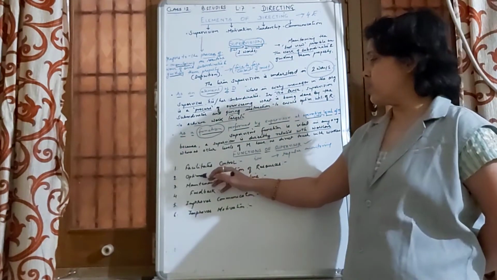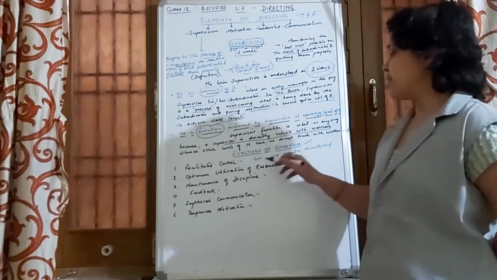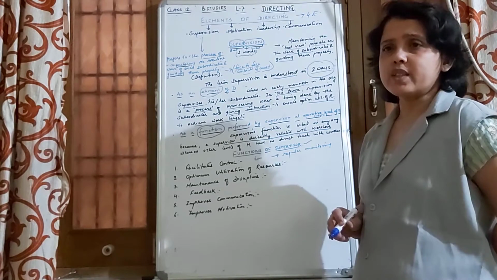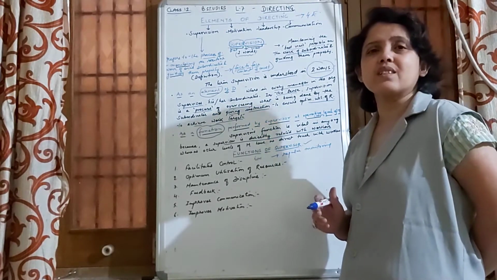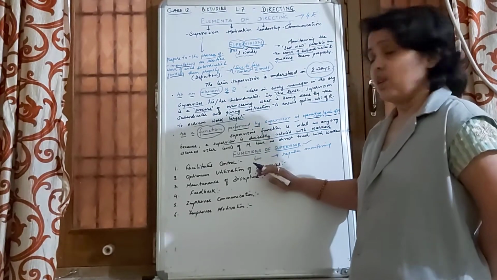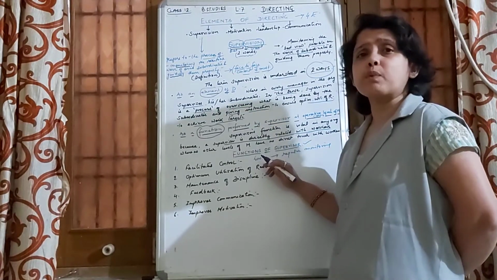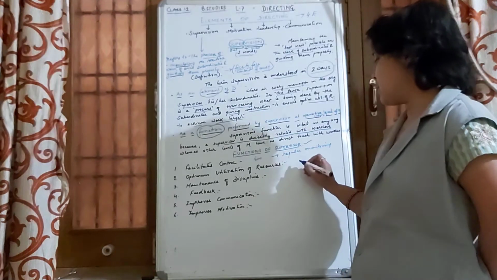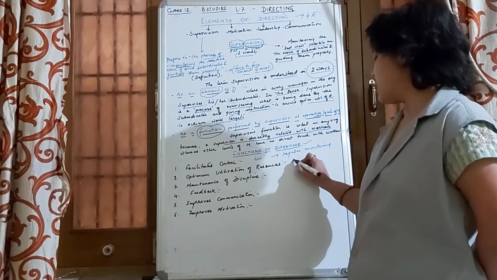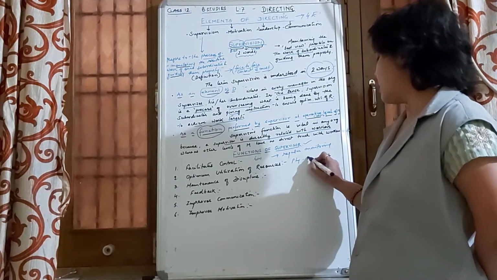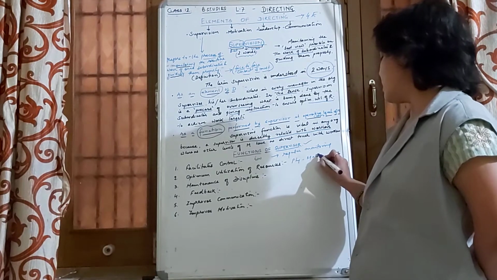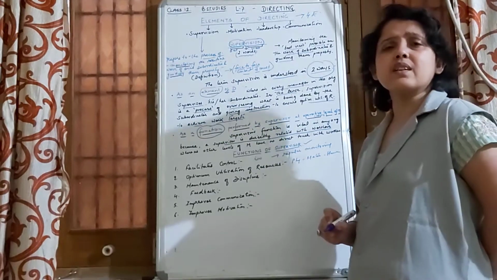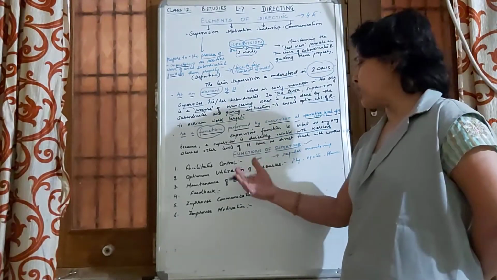The second function, optimum utilization of resources. Now we see that resources are always scarce in the organization. For the resources to be optimally utilized, the supervisor always sees that whatever physical, material or human resources exist in the organization, they are put to best use.